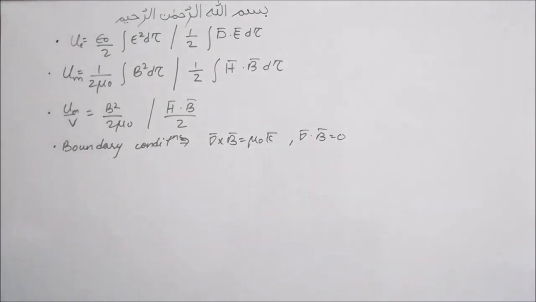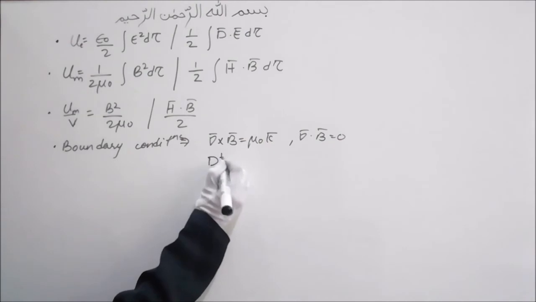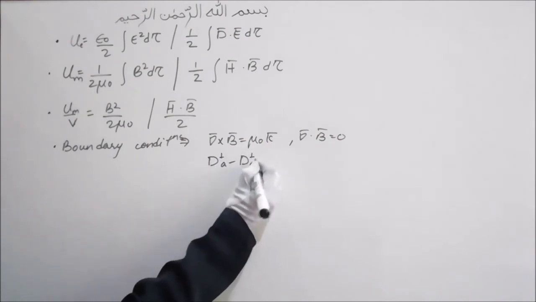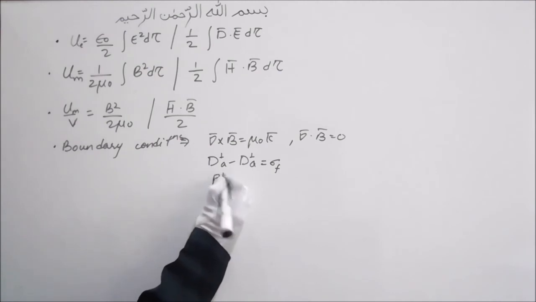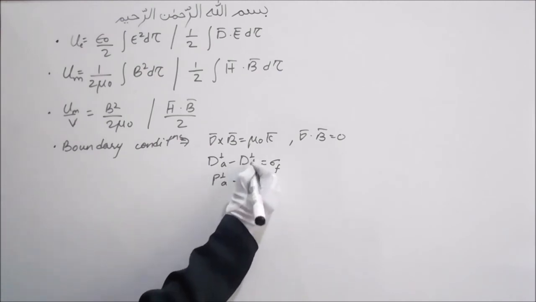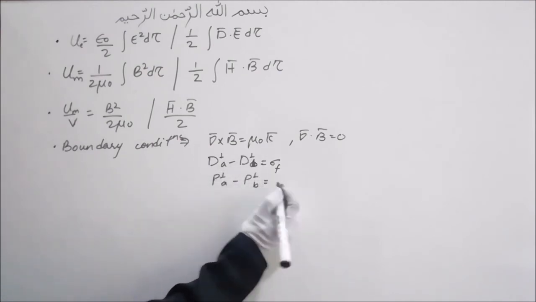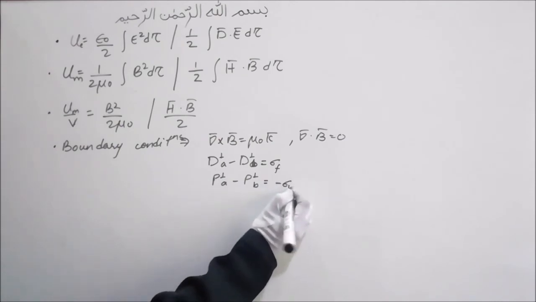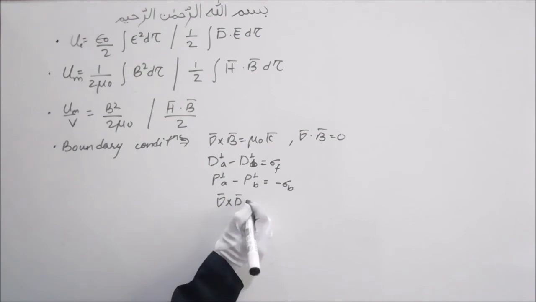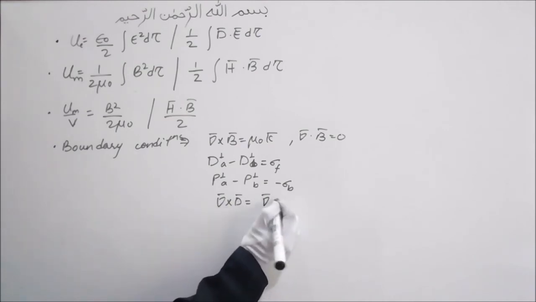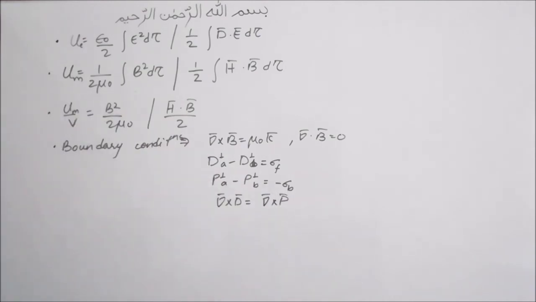And for dielectrics we saw D perpendicular above minus D perpendicular below is equal to sigma free, and we had P perpendicular above minus P perpendicular below is equal to minus sigma bound, and we had del bar cross D bar is equal to del bar cross P bar.